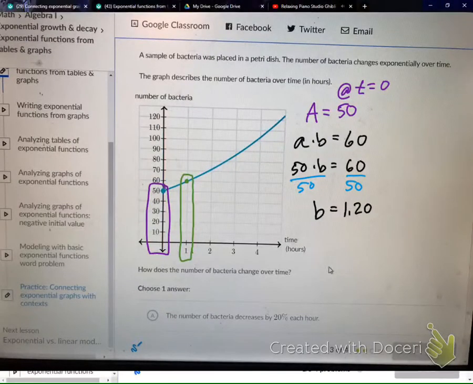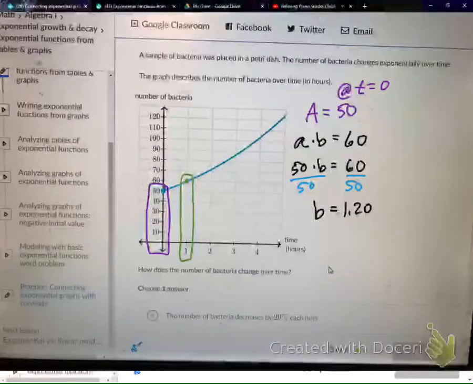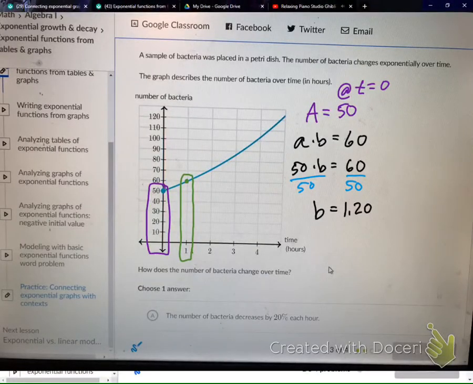As we interpret this now to figure out what the correct answer is, I'd ask you to remember the previous example where I told you that we always are looking at 100% as being everything that it was before. So I need to know how much change was made here.